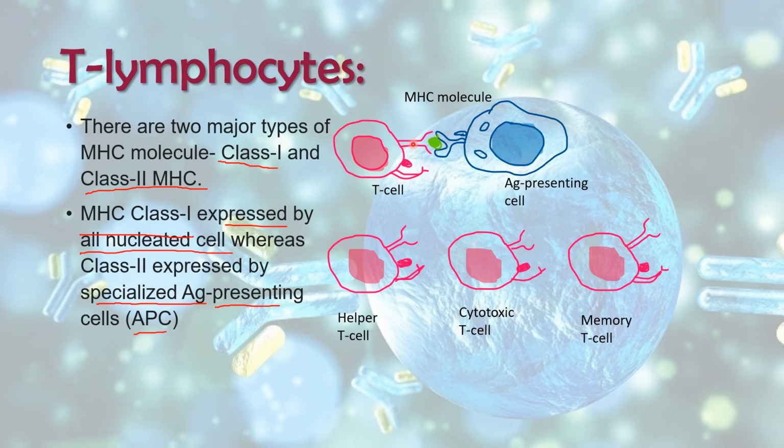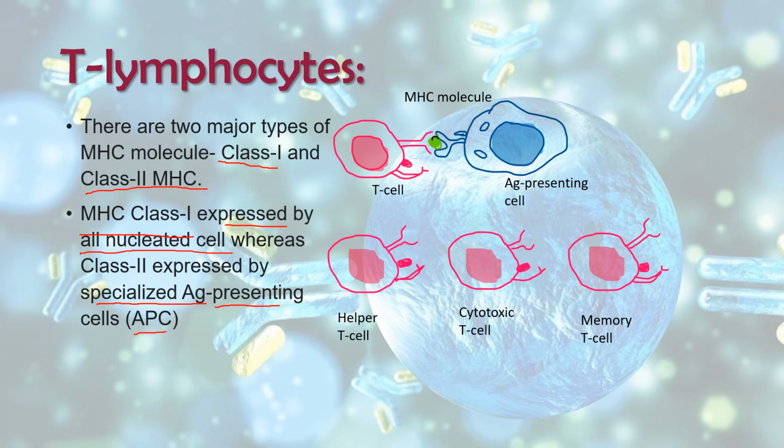Suppose this is our T cell and it is going to bind to the antigen which is already bound to the MHC molecule presented by the antigen presenting cell. This cell may be a macrophage or any phagocytic cell.